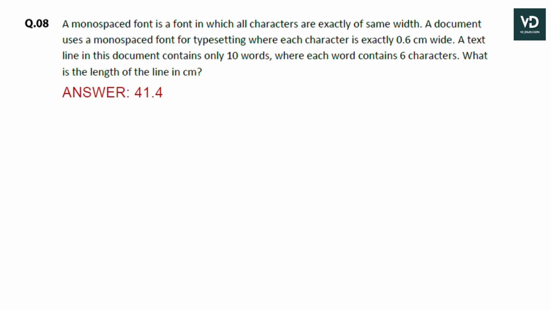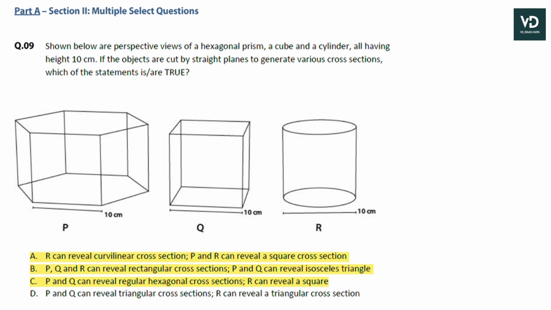A text line in this document contains only 10 words, where each word contains 6 characters. What is the length of the line in centimeters? So starting with the multiple select question.